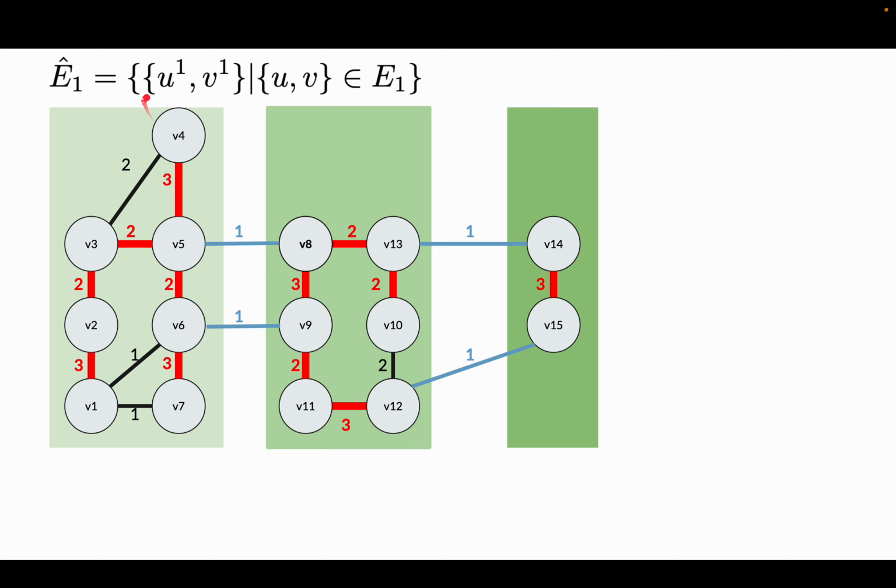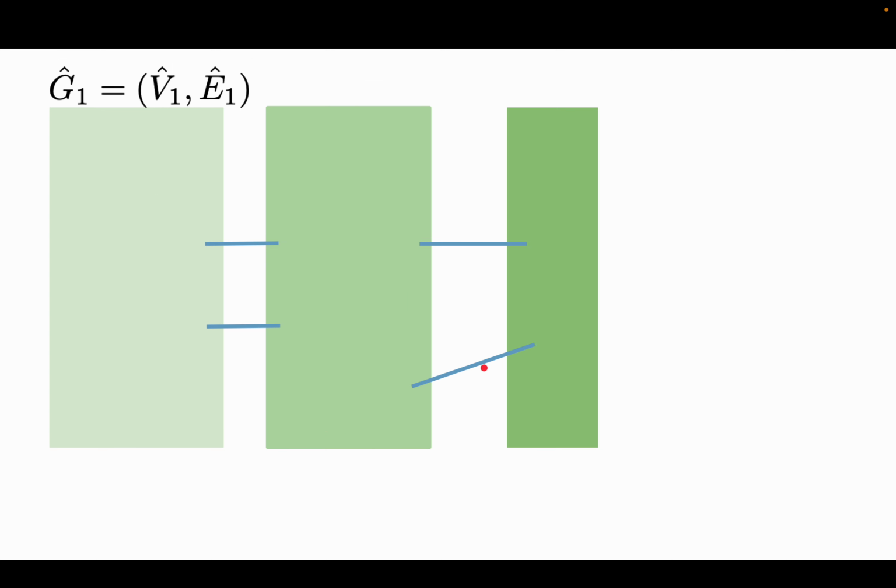This is the connected component containing U, and this is the connected component containing V. So if an edge is between connected components, it will be included in E1 hat. For these two, although these two edges have a depth of 1, they do not span across two connected components, so they are not included in E1 hat. So in E1 hat there are only 4 edges. And by the definition, V1 hat is just these 3 connected components, and E1 hat is the 4 edges.